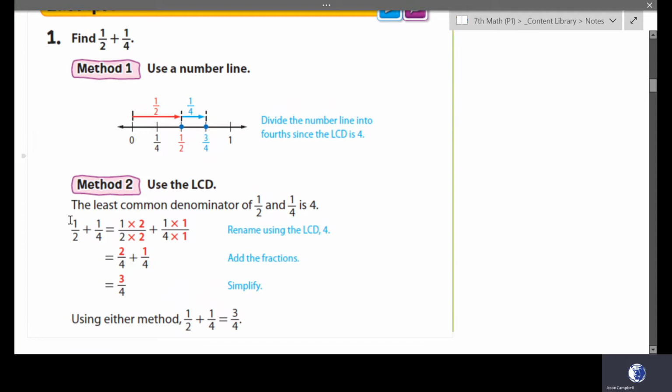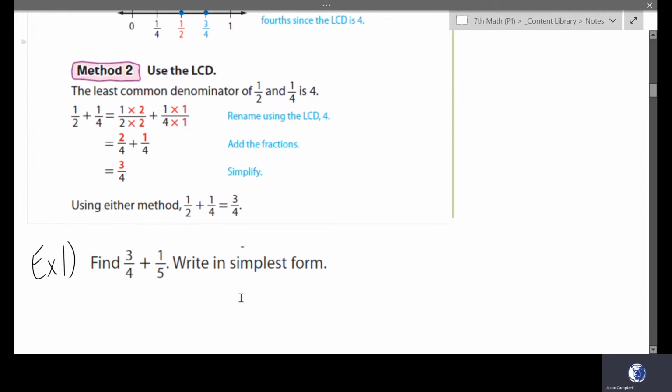So we convert 1 over 2 by multiplying the top and bottom by 2 to become 2 over 4, and then we can add the 1 over 4. 2 and 1 make 3, so the answer is 3 over 4. Either method will get you to the answer of 3 over 4.